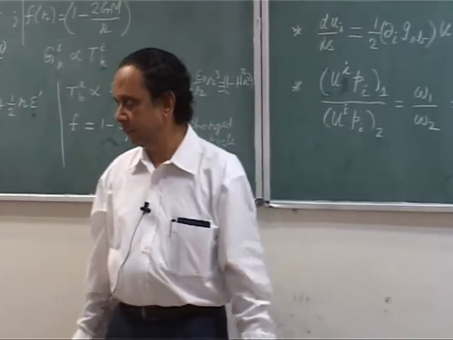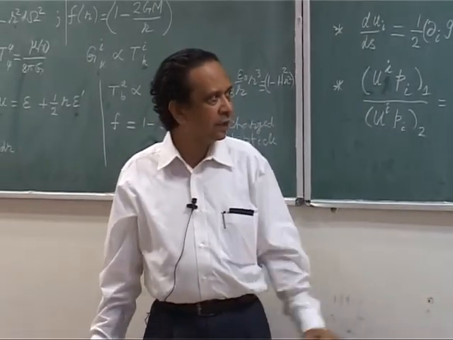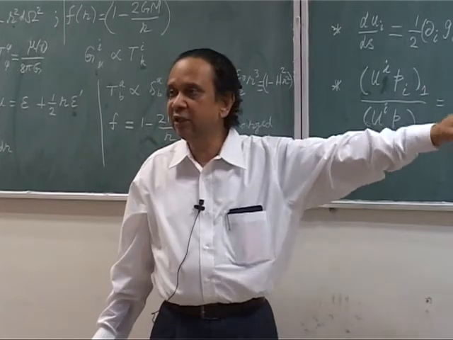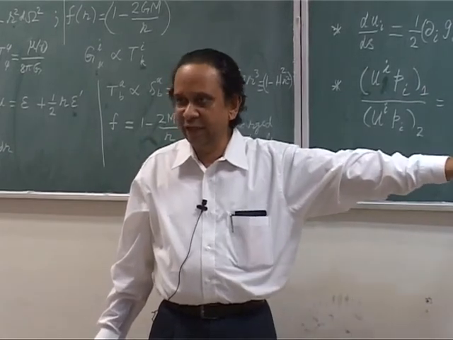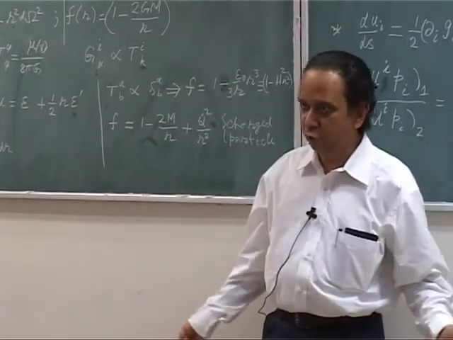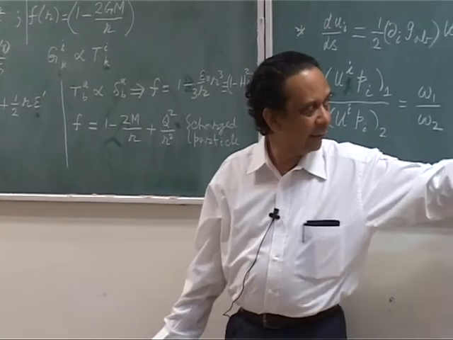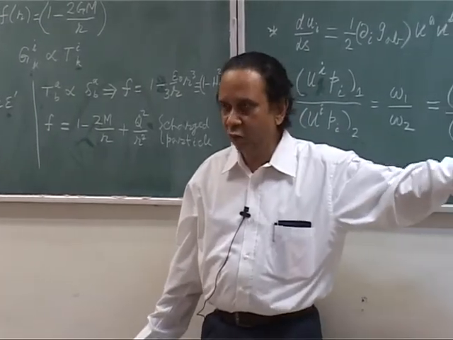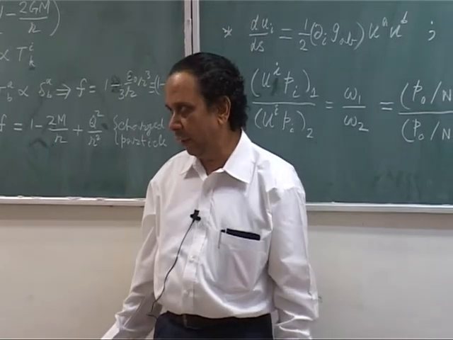This is the nice result, because what it tells you is that the frequencies are just related to the G00 component, and if it is static you just have to take the ratio and you are through. Remember that this is square root of G00, n square is G00, so there is a square root involved there.